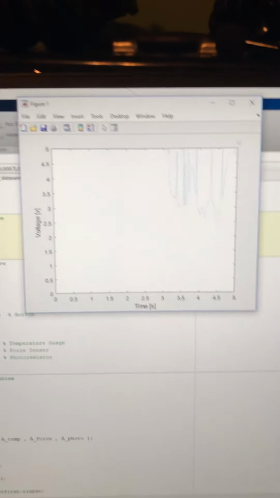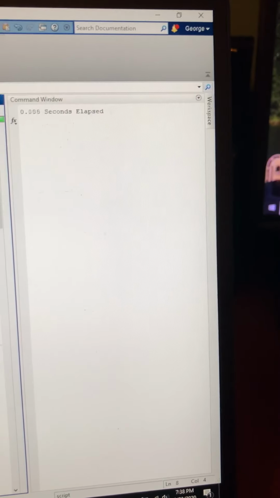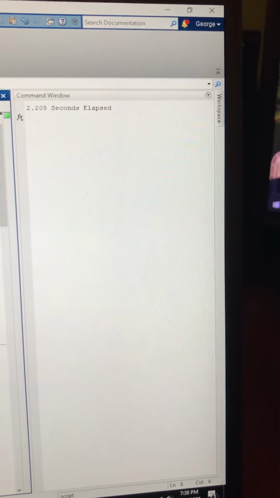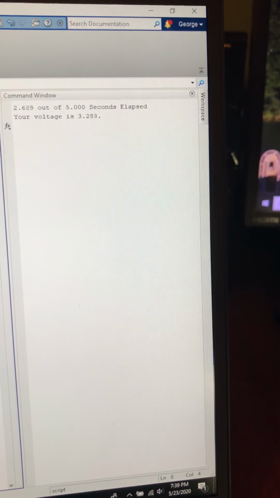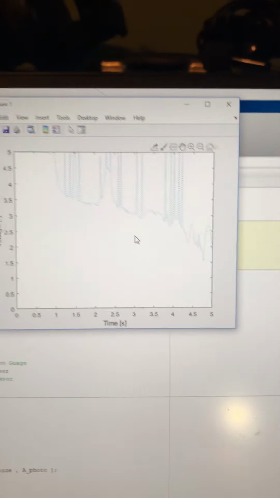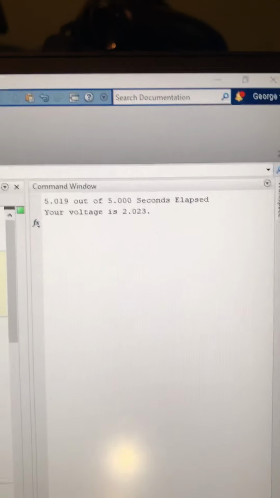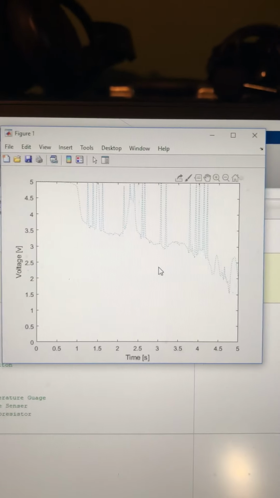The more light, the less voltage. We're gonna do that again just so that you can see. There we are. There's our command window, and there's our graph.